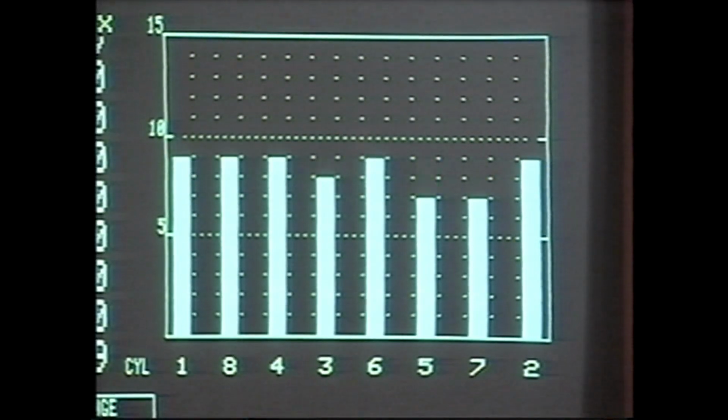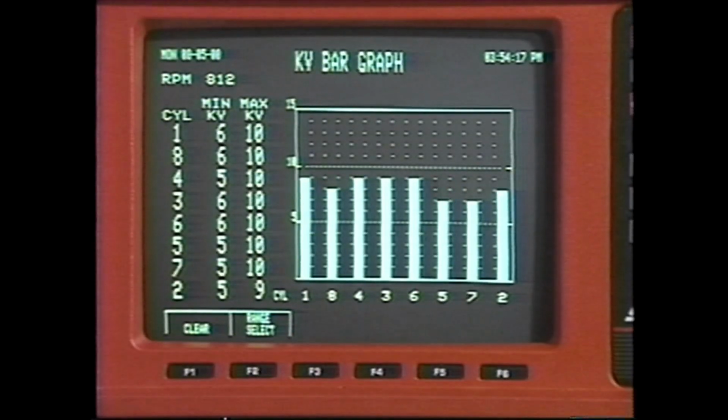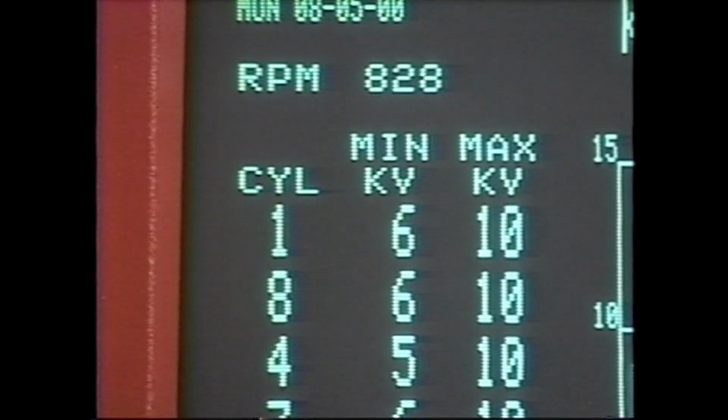The kV bar graph screen makes it easy to measure and compare cylinder firing voltage requirements. Remember, this information is the same information you're getting from the firing line of the secondary waveform. Live firing voltages are displayed in graphic form, while the minimum and maximum kV requirements are presented as numeric values.